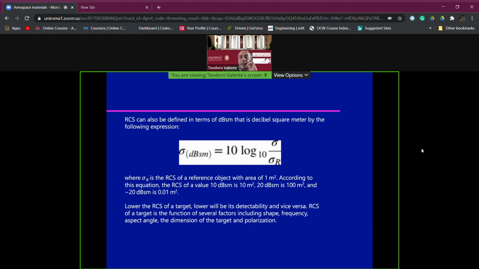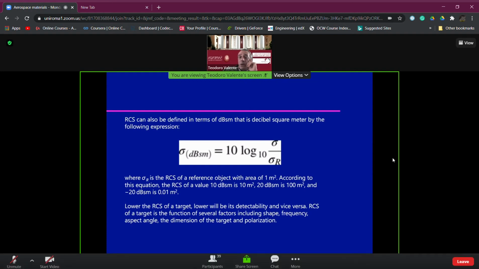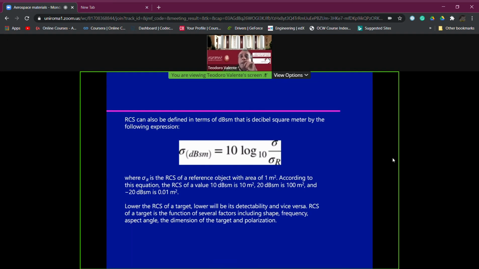That is 10 multiplied by the logarithm in base 10 of the ratio sigma divided by sigma r, where sigma here is not strength. We are not talking about stress, but sigma r is the way in which the radar cross-section is defined for a reference object having an area of 1 square meter.